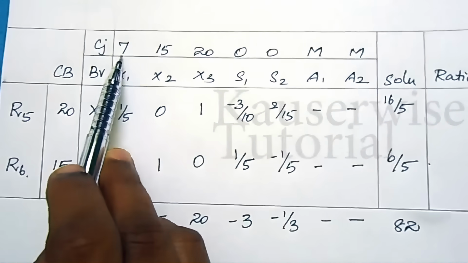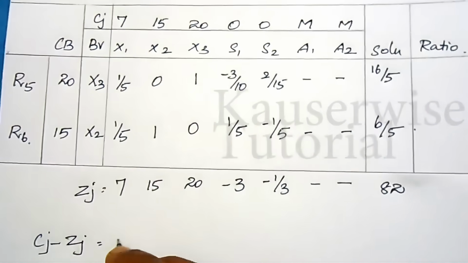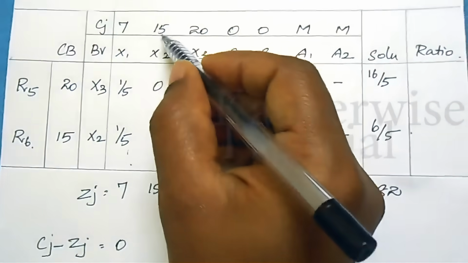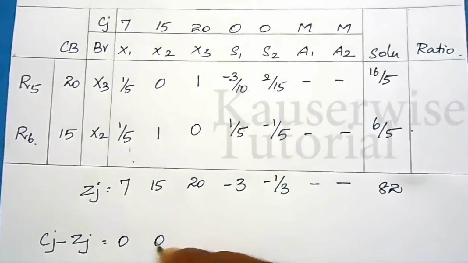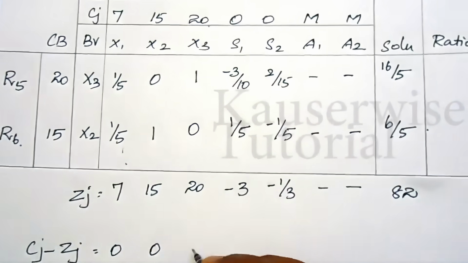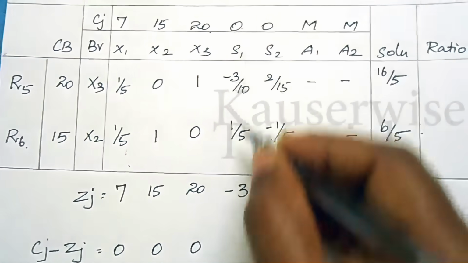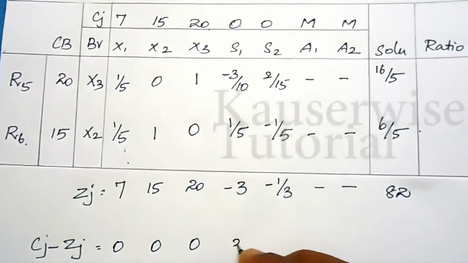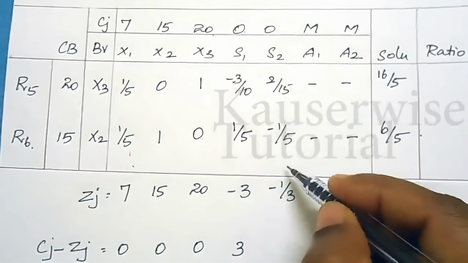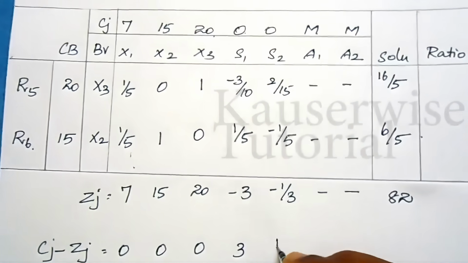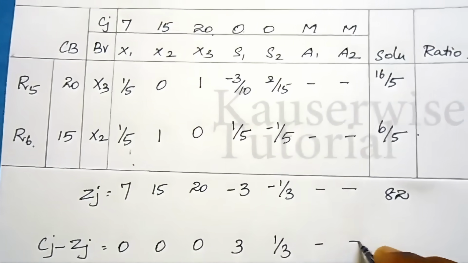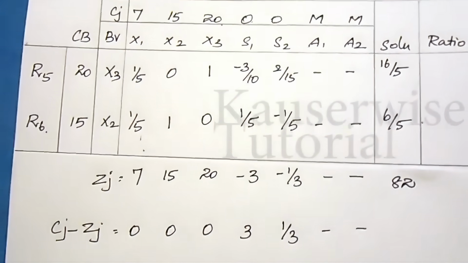Okay, Cj is 7. 7 minus 7, 0. 15 minus 15, 0. 20 minus 20, 0. 0 minus minus 3, plus 3. 0 minus minus 1 by 3, plus 1 by 3. That's all. Now check the optimality.